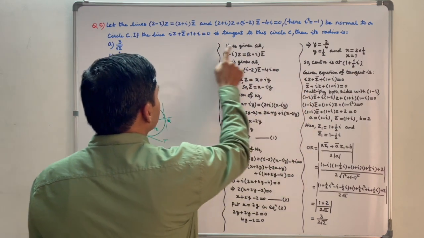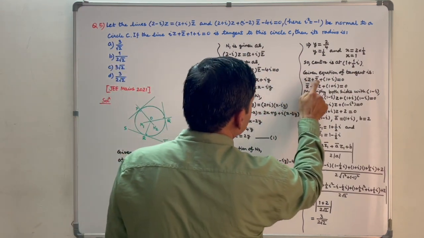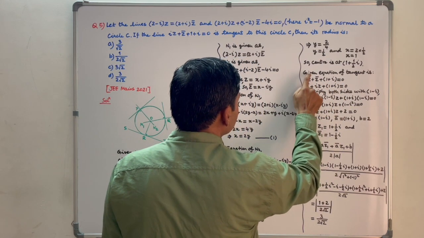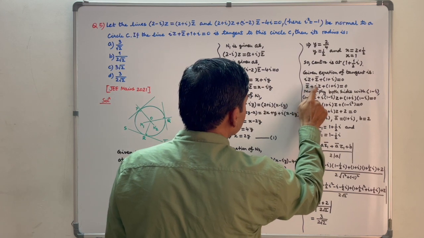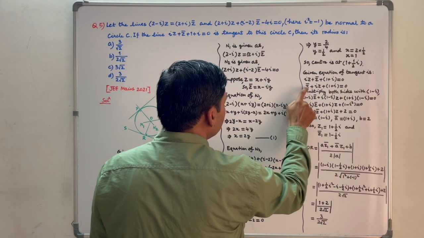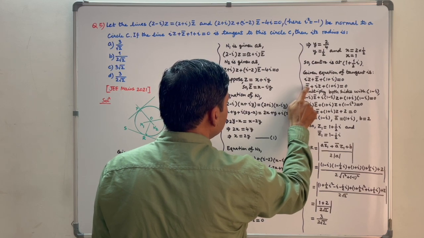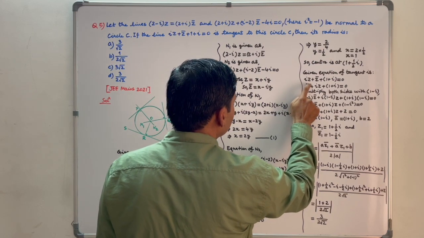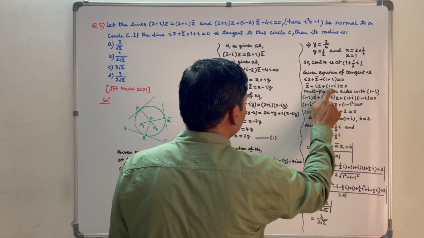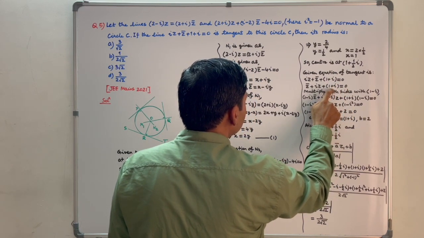Given equation of tangent is iz plus z bar plus 1 plus i is equal to 0. Rearrange the terms to get z bar plus iz plus 1 plus i is equal to 0. Compare it with the equation of a straight line in general form, which is a z bar plus a bar z plus b is equal to 0, where b is purely real, but 1 plus i is imaginary.